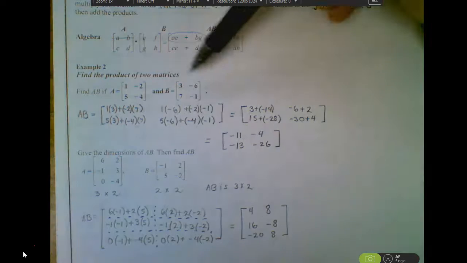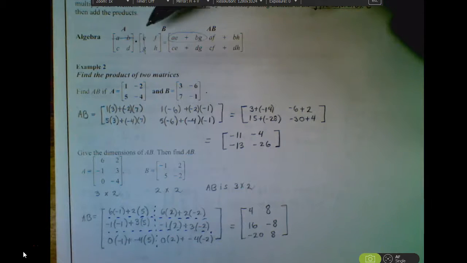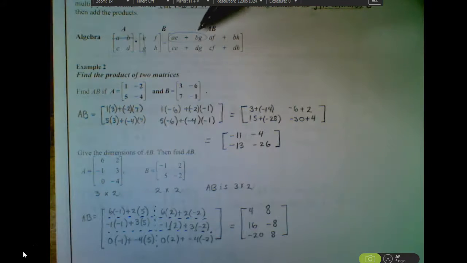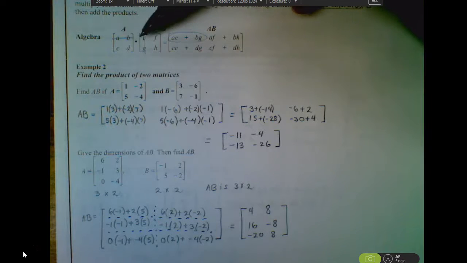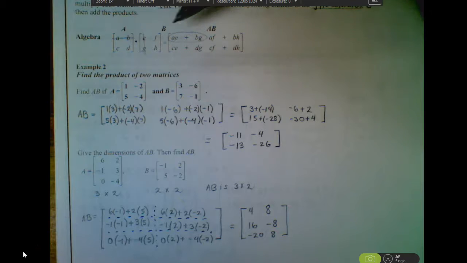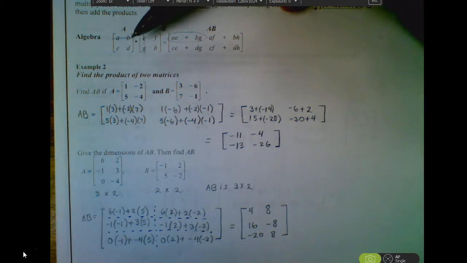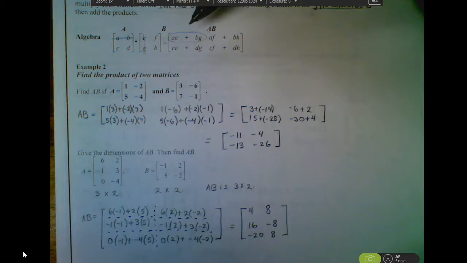As you look at the result over here, if I do the top row times the left column, it will go in the top left part of my answer. Whenever I use the top row, my answer will go in the top row. When I use the bottom row, my answers for those will go in the bottom row.